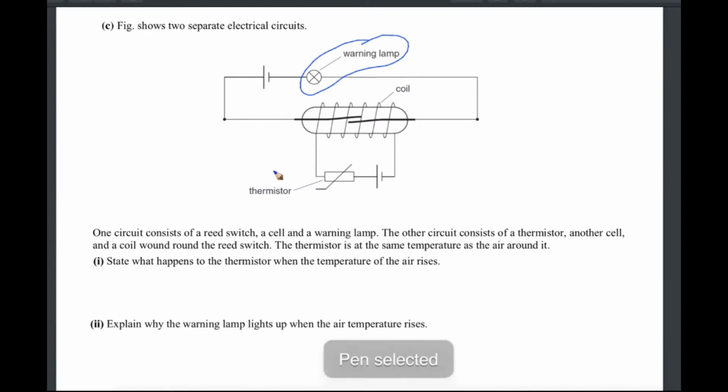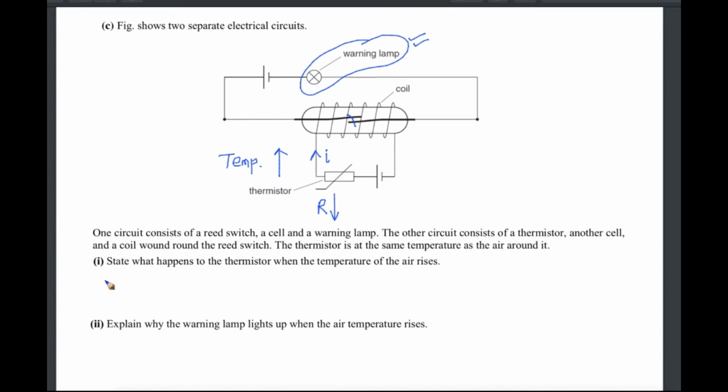As temperature increases, the thermistor resistance decreases. It means more current will start flowing here, and then this reed switch will close and this warning lamp will light. So state what happens to the thermistor when the temperature of air rises.